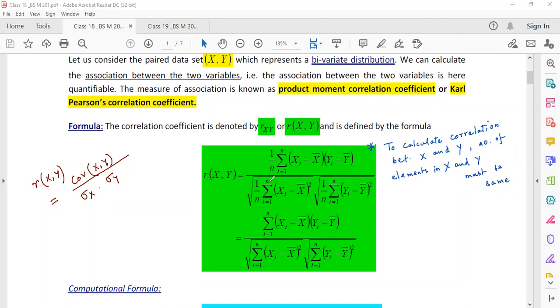So 1 by root over n whole square means 1 by n, and those two 1 by n will cancel each other. That is why it is written in the following manner. So this is the computational formula for the correlation coefficient between the two random variables.